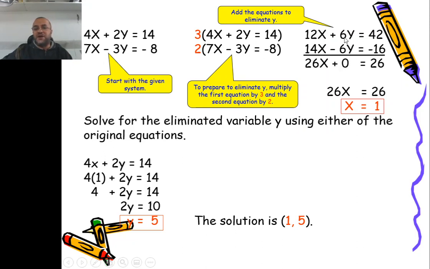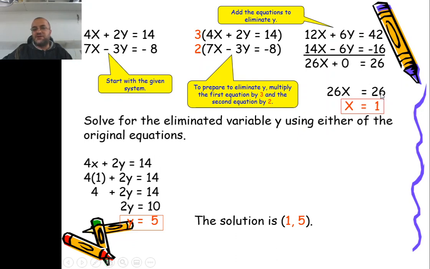So we have the y variable with opposite coefficients, and we can add these two equations.